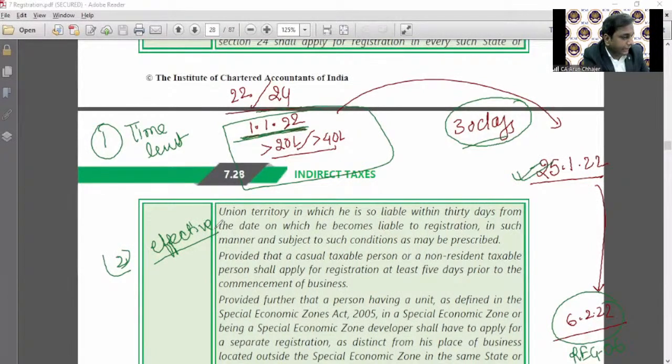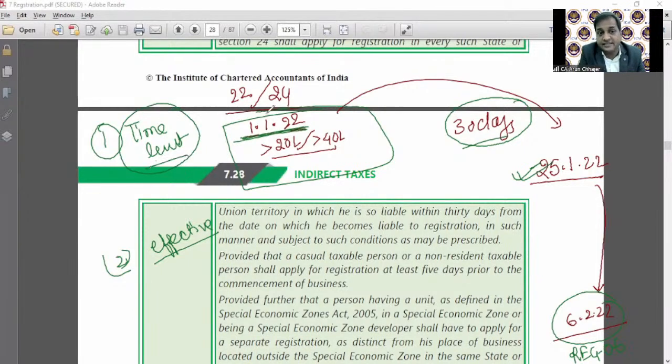If I make the application within 30 days, my effective date would be the date on which I became liable to take registration, the date of the liability. I am explaining 2 points.